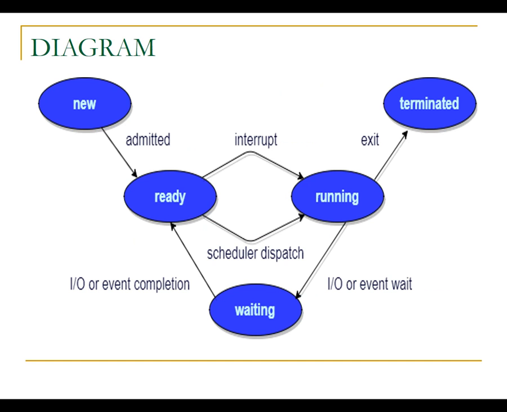Now this is the diagram called the process state diagram. As you can see on the diagram, it contains different components, different states like new, ready, waiting, running, and terminated.